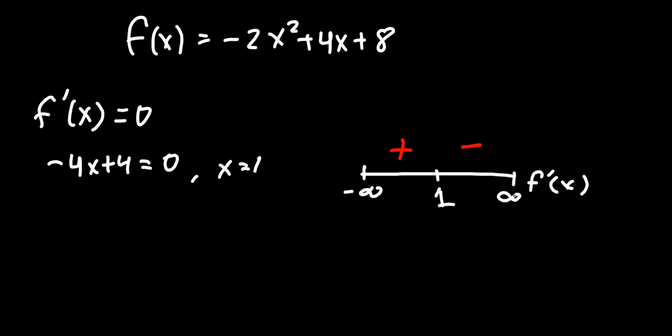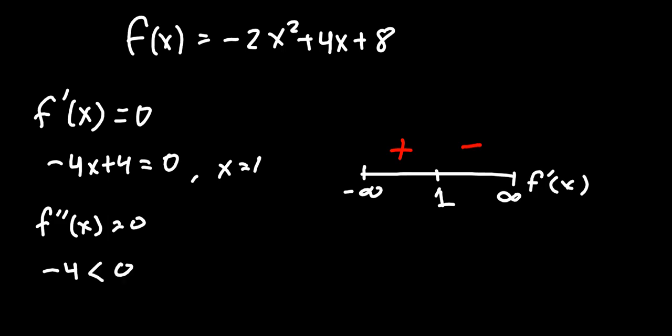Now, related to the graph of the function, let's find the concavity. The concavity is just setting the second derivative equal to 0. So the second derivative is just negative 4, and we don't need to set that equal to 0. All this means is if you get a number, you just check if it's greater than or less than 0.